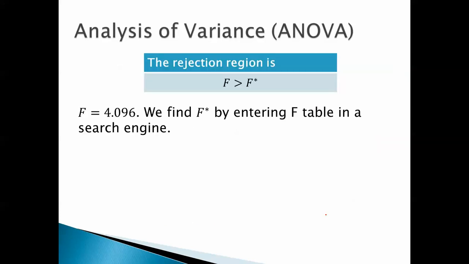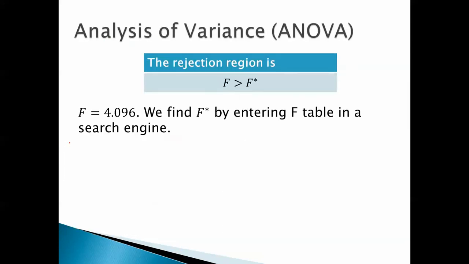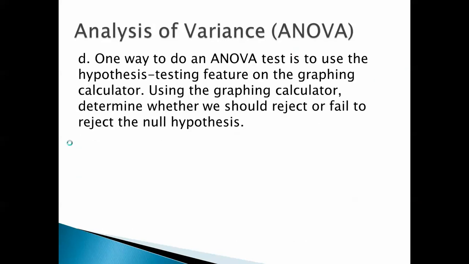The rejection region is F is greater than F star. F is 4.096. We find F star, that critical value of F, by entering F table in a search engine. And we're going to end up with something like this. So notice we have degrees of freedom for the numerator and degrees of freedom for the denominator.